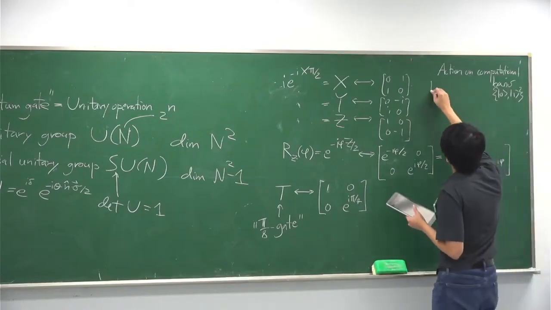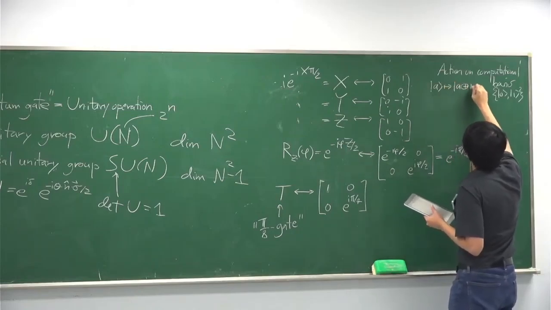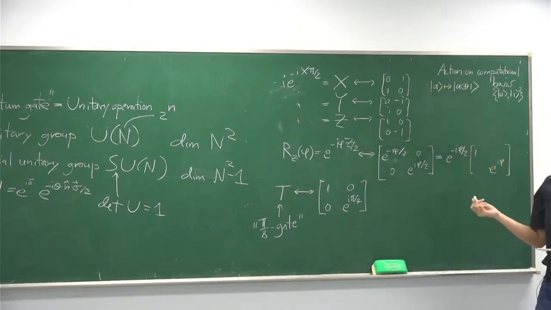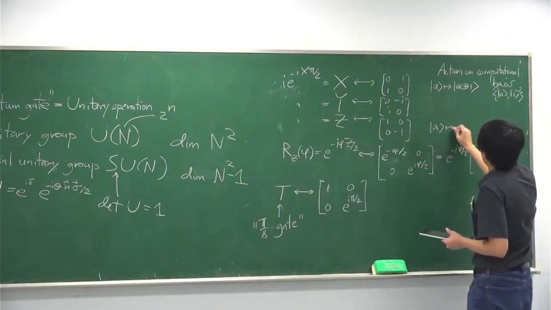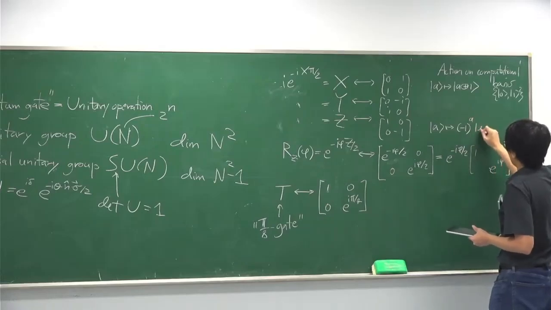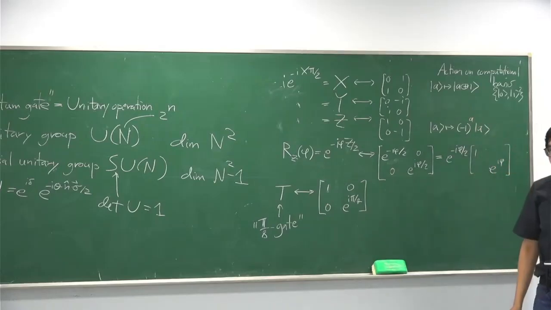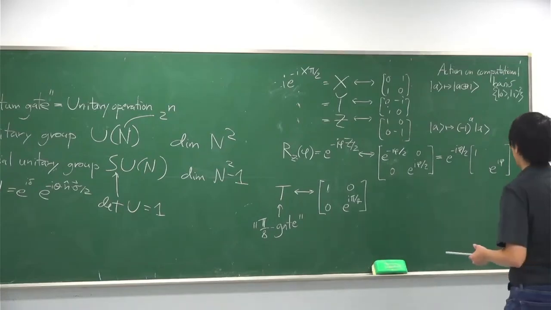So here I would change the value of the bit by 1, a bit flip, for example. And for Z, I would just put a phase in front that depends on the value of Z. And no one wants to do Y, but you just do both at the same time.